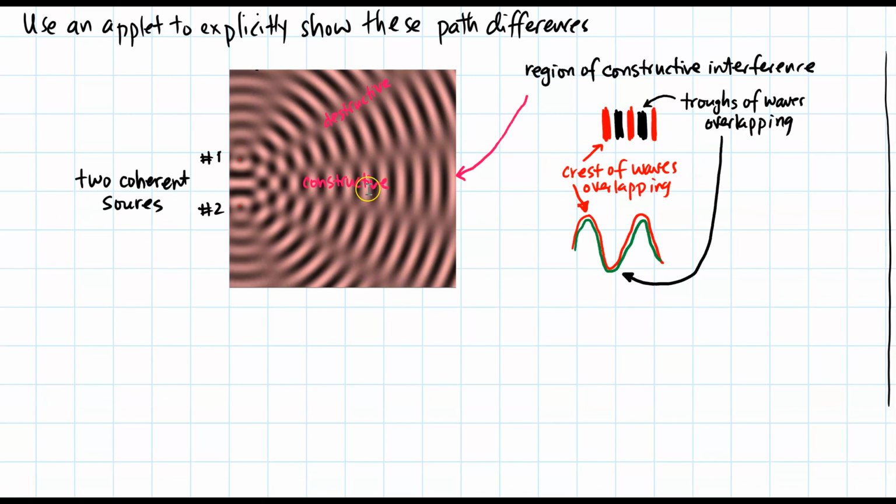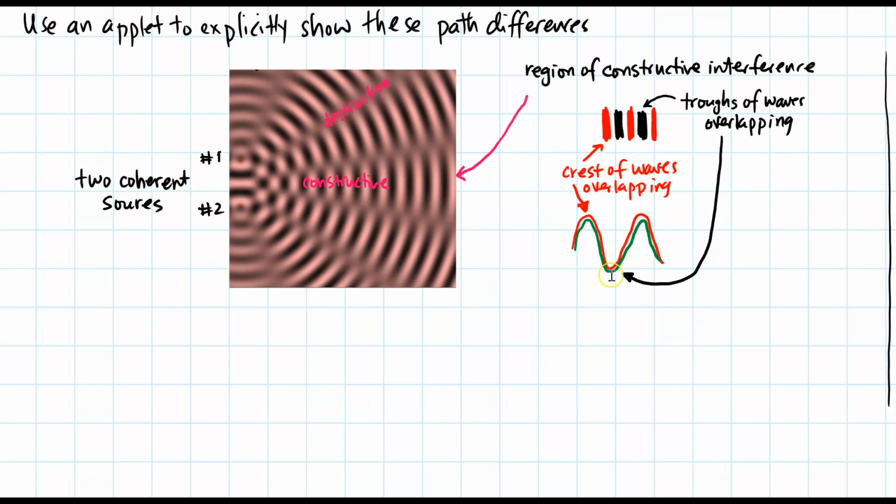When I look at constructive regions, I see bright, dark, bright, dark. What that means is that these bright regions are the crests of the waves overlapping, producing a bright spot. This dark spot appears dark, but it's actually not.